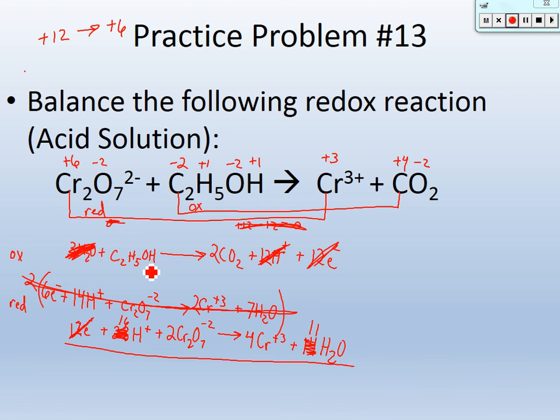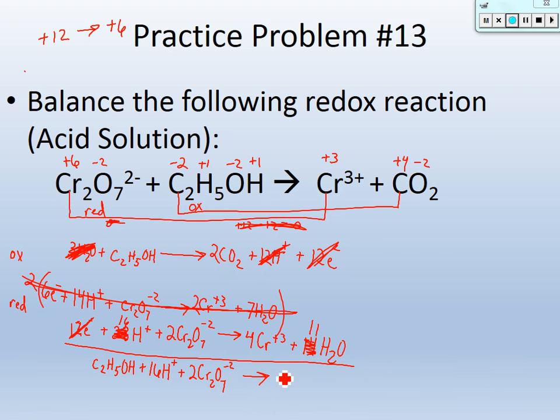So I'm taking everything on the left side. So I've got C2H5OH. That's on the left. Now, what's on the left down here? We've got 16 H pluses plus 2 Cr2O7, the minus 2 charge.